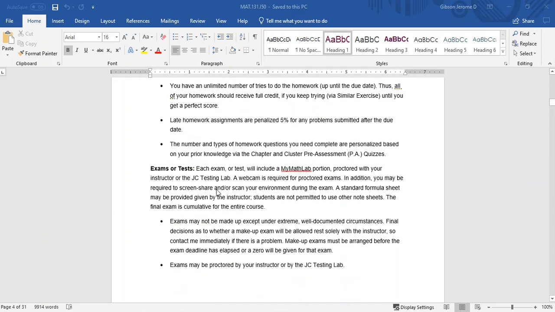The exams or tests. Each exam or test will include a My Math Lab portion, proctored with your instructor or the JC Testing Lab. I plan on proctoring all the exams. I do have dates in which you all will be able to take the exams. If there's any problem with the dates, you need to let me know ASAP so we can arrange something else.